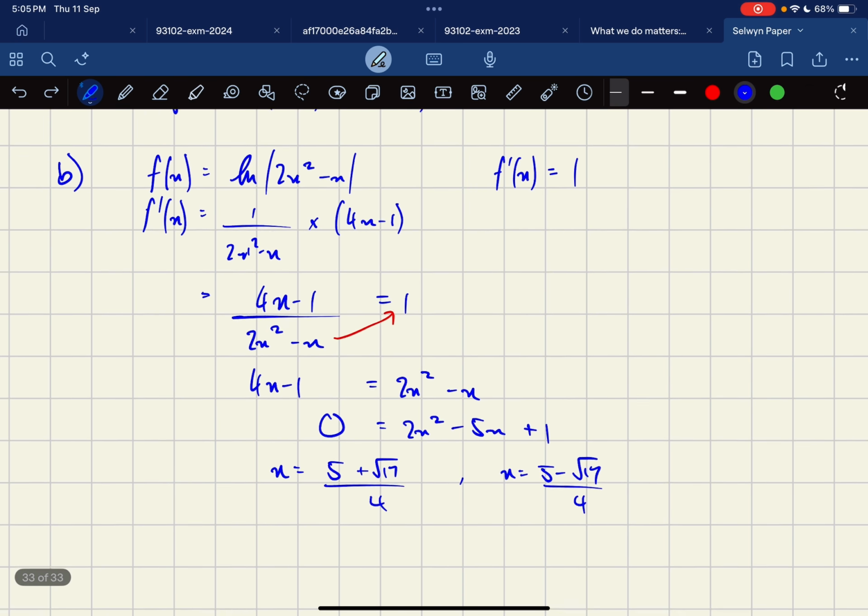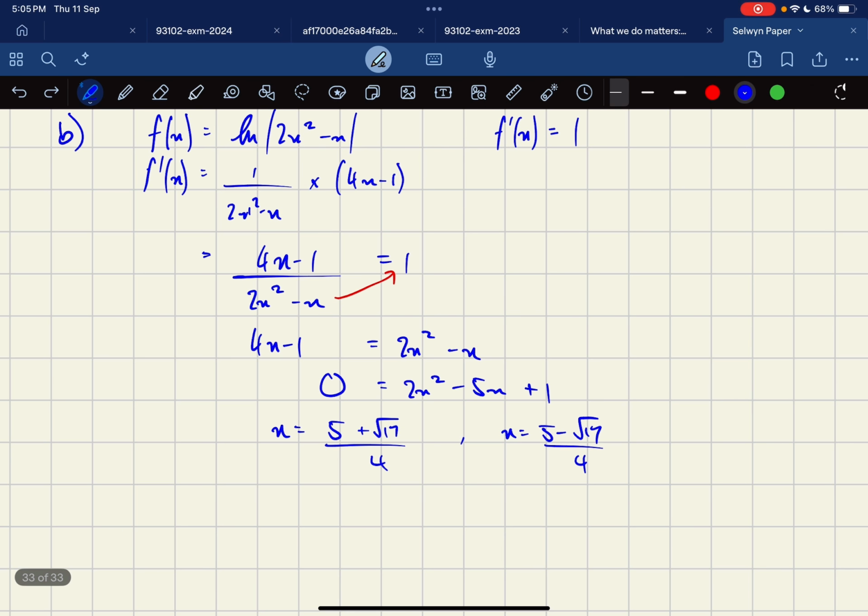So then you can plug in both of these x values into the ln function to then solve for the y component of the coordinates.